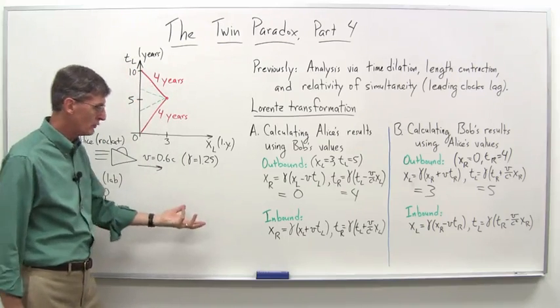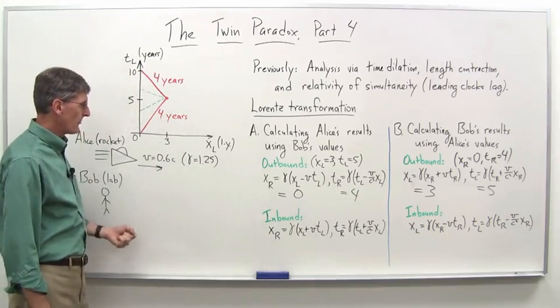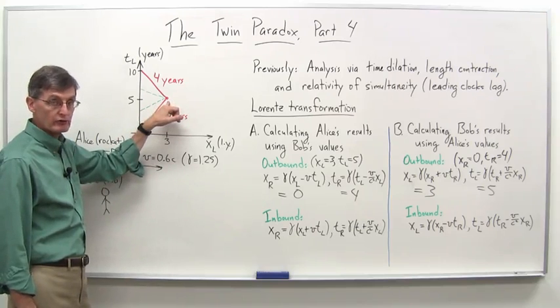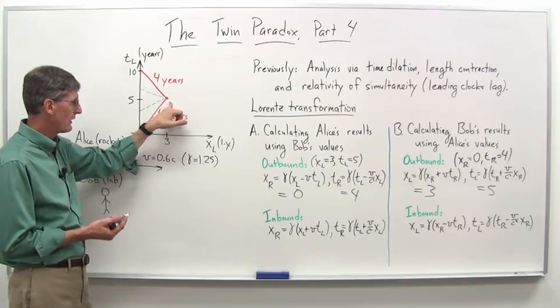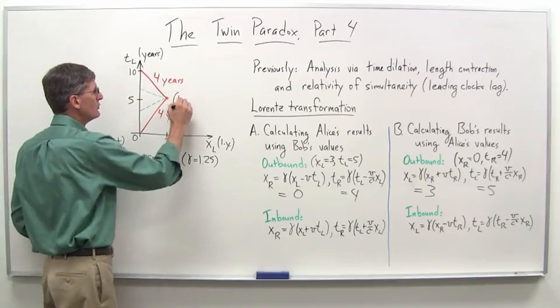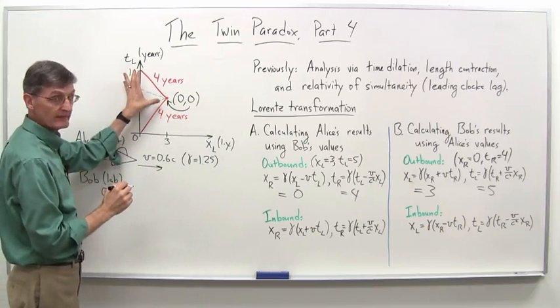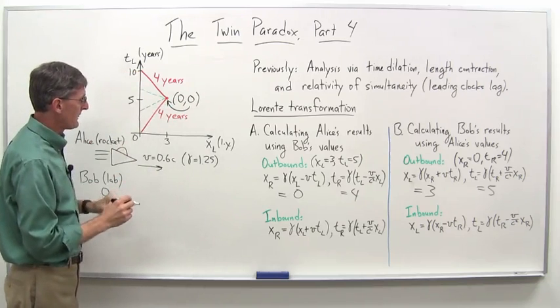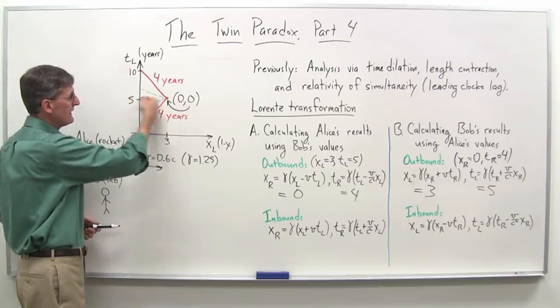So what we have to do to make it easy to use our general equations here is to redefine this as the origin point. If this now is our new 0, 0 point, just for the second leg, the inbound leg analysis, that means xL is going to be negative 3.